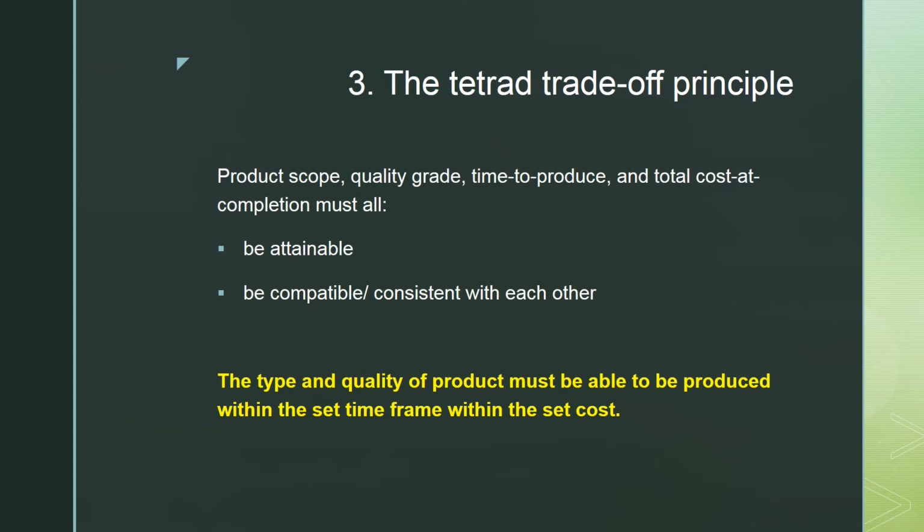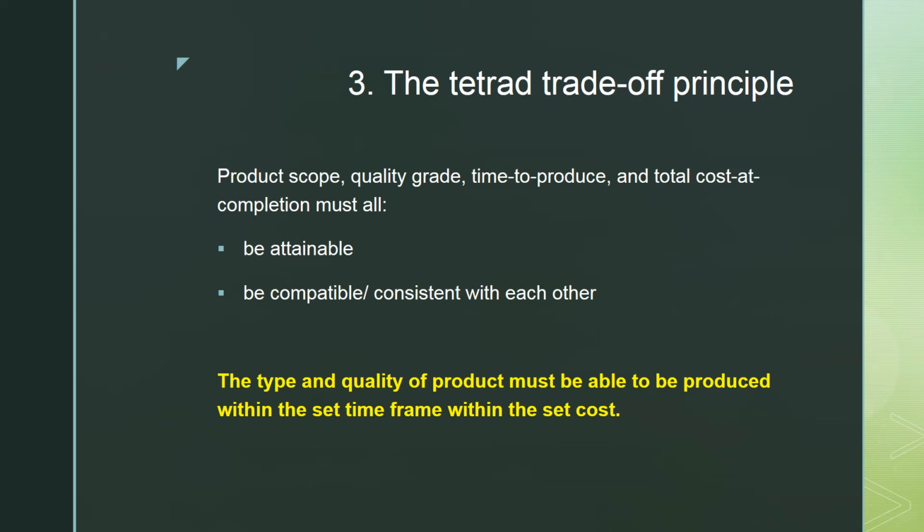For every unit increase in grade, there will be an equivalent unit increase in the total cost at completion. So you need to make sure there is that compatibility. The cost and the quality expected are going hand in hand. There is that harmony between cost and quality, between scope and grade, between time to produce and the quality.